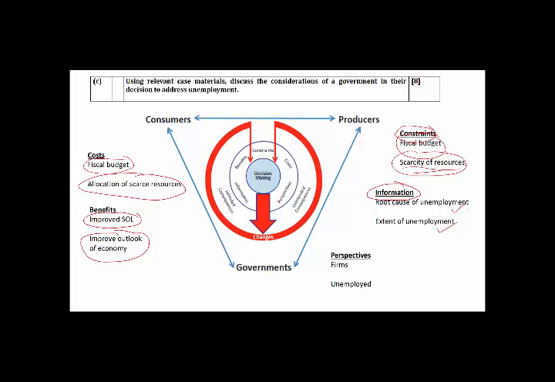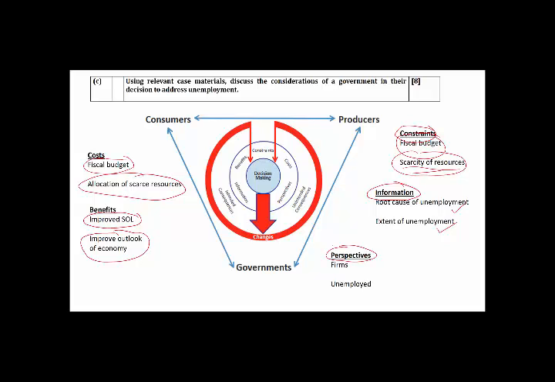Because as you know, we cannot achieve all four macro goals at the same time. So sometimes you might have to prioritize your goal, and therefore your policies will be determined by the prioritization of your goal. We'll talk more about this in class, during tutorial. And as I mentioned, perspective.